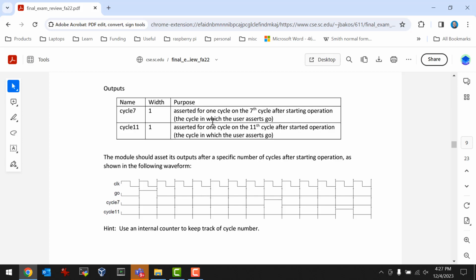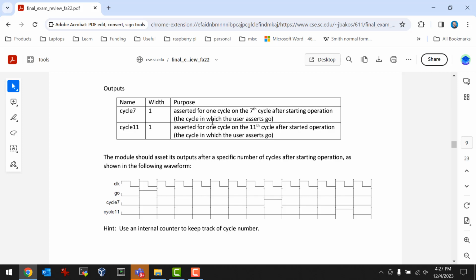And then I also need default values: cycle 7 is going to get 1'b0 by default, and cycle 11 is going to get 1'b0 by default, which will be overwritten in this case. Make sense? And then end the always.